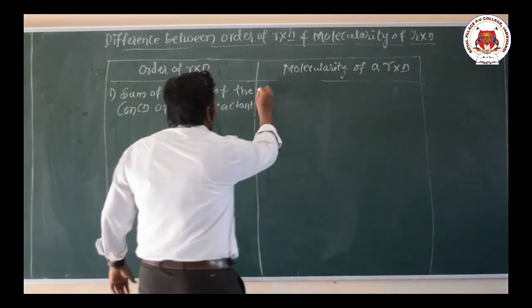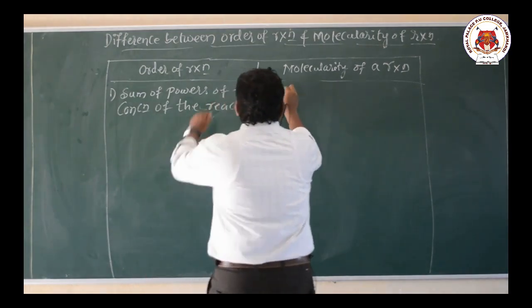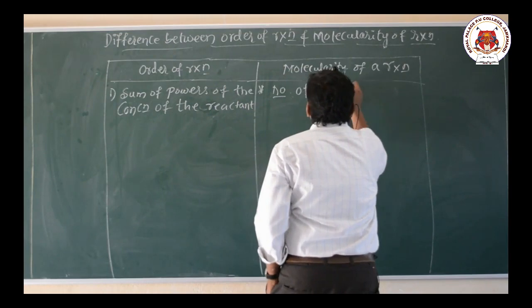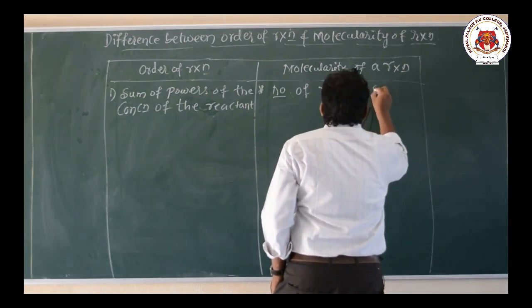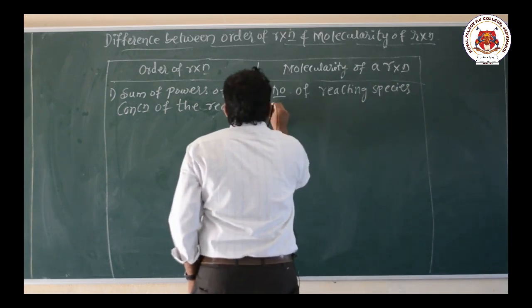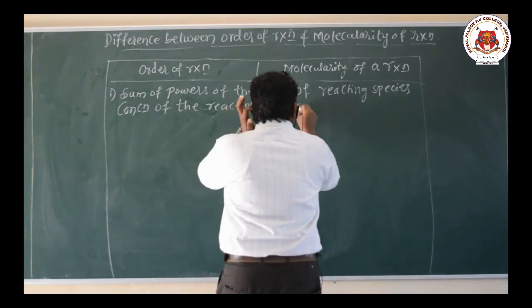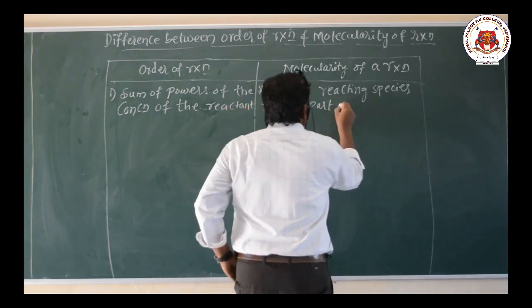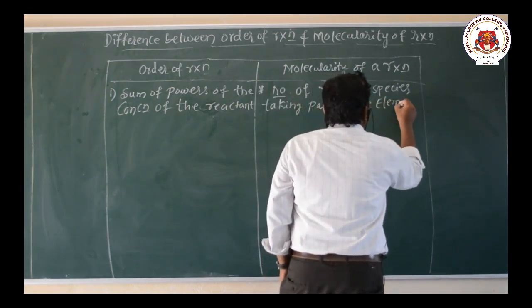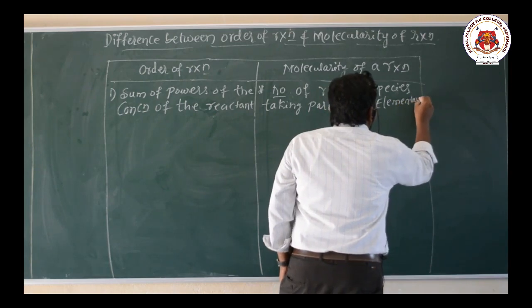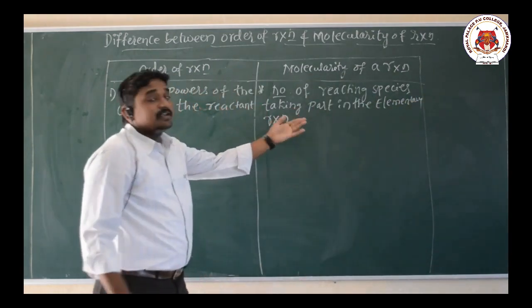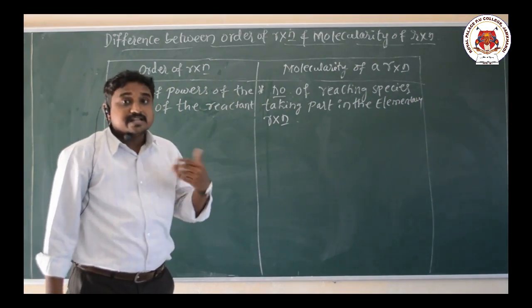Whereas the molecularity is the number of reacting species taking part in the elementary reaction, and which must collide to bring about the chemical reaction.